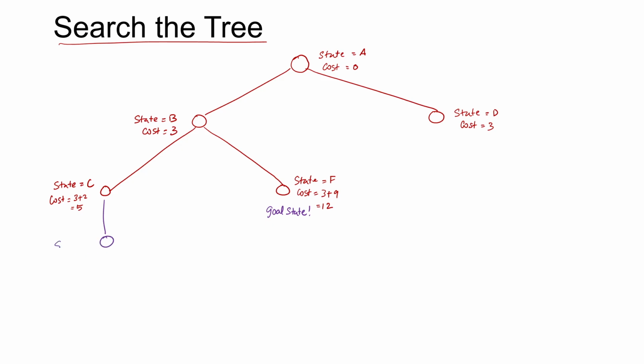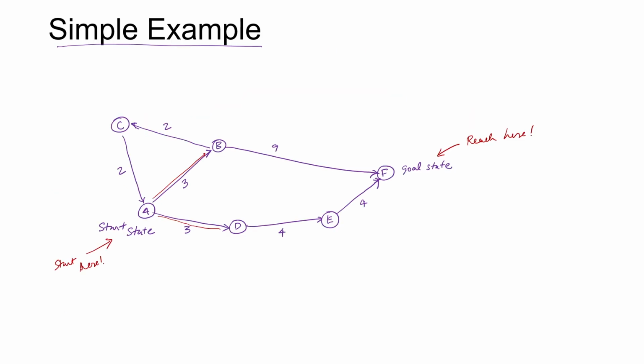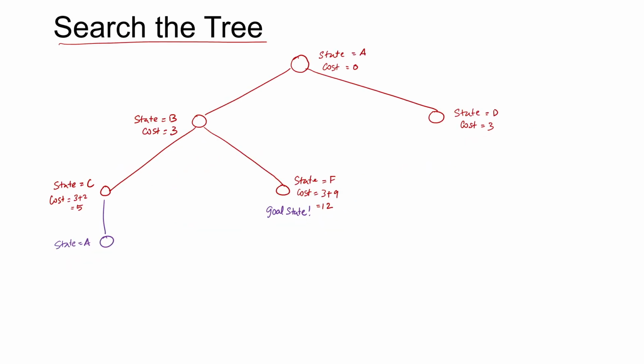This is state equal to A, and if I reach A, what is the cost? This is 2, add 2 with this, that is cost is equal to 5 plus 2, that is equal to 7. So, you come back to state A and then you repeat this.